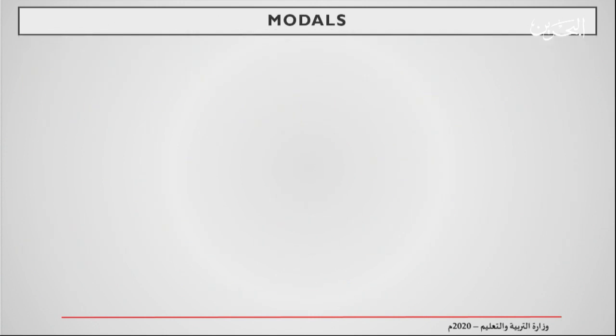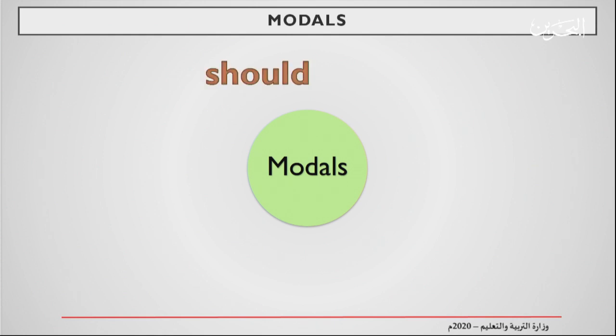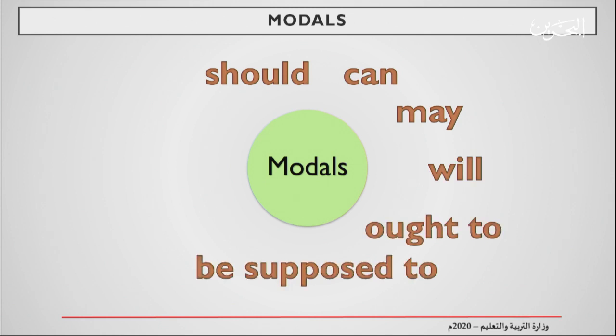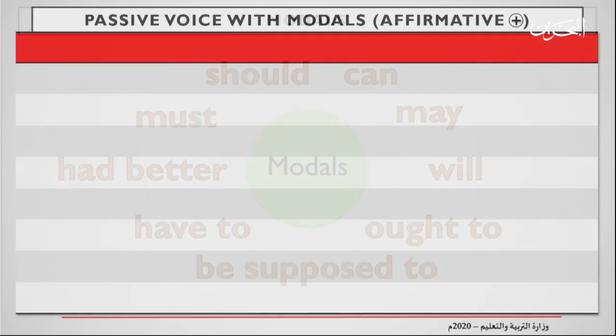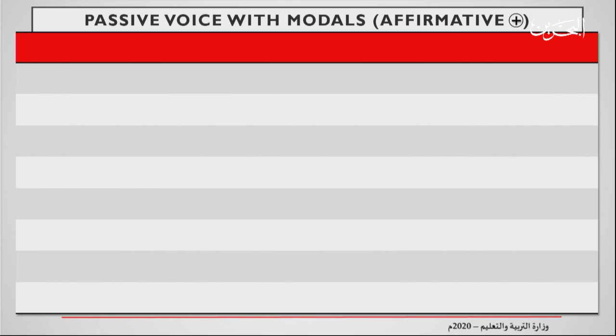All right, let's talk about modals. So, what are the modals we could use? We could use should, can, may, will, ought to, be supposed to, have to, had better, must. Passive voice with modals.